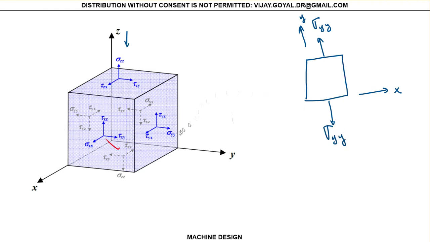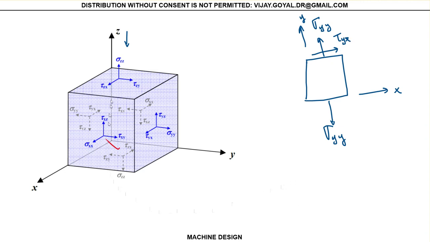Okay. So I also have a stress acting in the y face, a surface, in the x direction. That means I have a stress acting in this direction that will be tau yx.